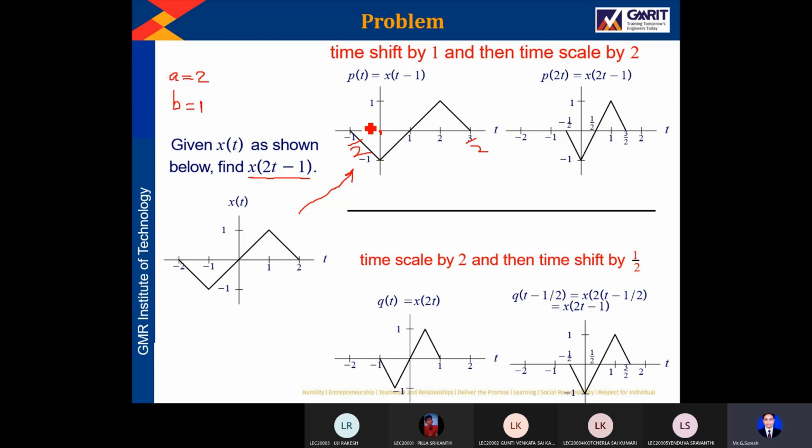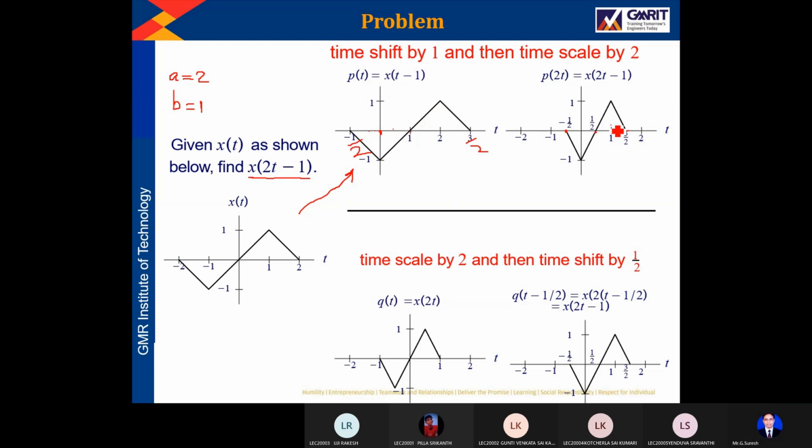The -1 instant value will appear at -1 by 2, and the 3 value will appear at 3 by 2. Whatever value you have at 0.5 will appear at 0.25, and whatever value you have at 1 will appear at 0.5. And the maximum positive amplitude 1 will come at 1.